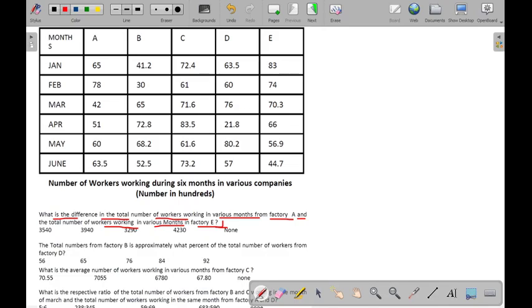So you have to add all the people of factory A, do an A total, then add all the workers working in factory E, do an E total, and then find their difference. That will be your answer.